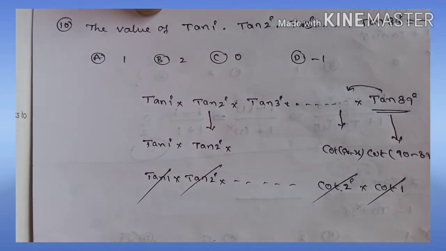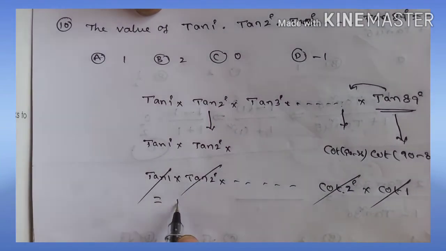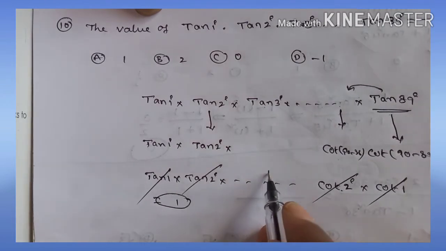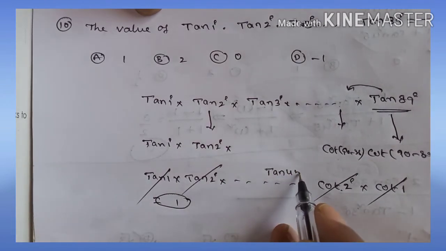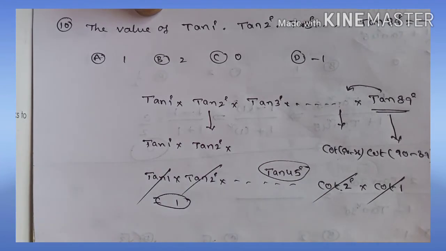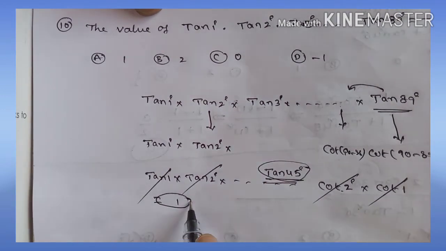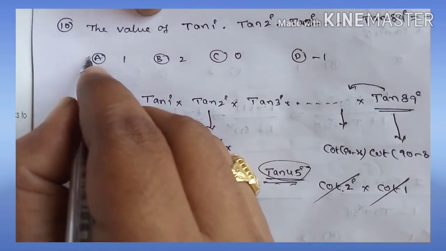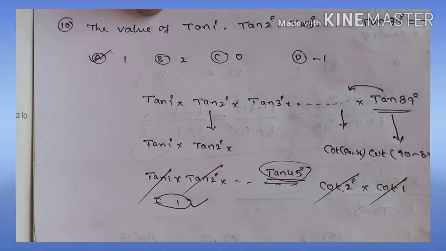These two also get cancelled, both are reciprocal. So all the terms will get cancelled. The remaining value is only tan 45, exactly between the terms which are not cancelled. So tan 45 value is 1. So option A is correct.